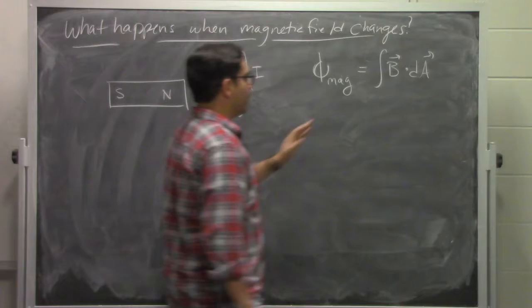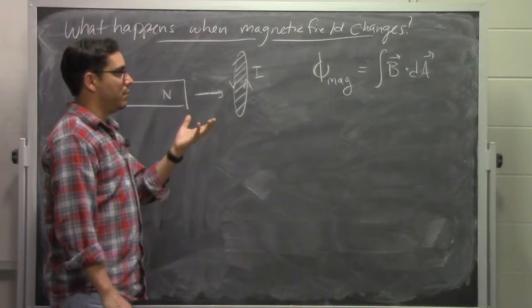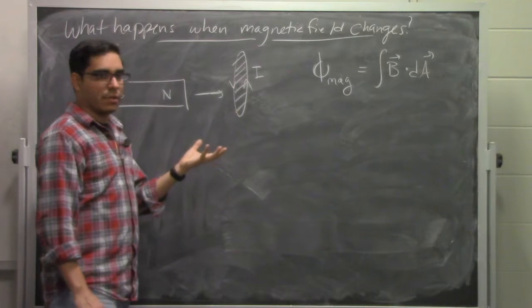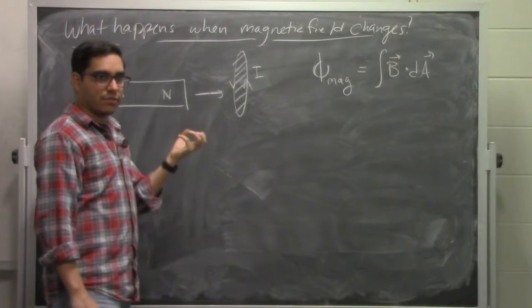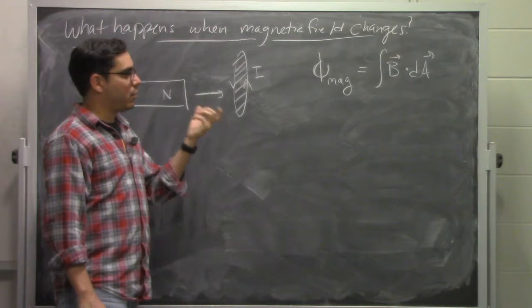Okay? So this magnetic flux that we're observing is directly related to the potential difference that develops in this wire. And so we're going to use that to understand what kind of current is driven.